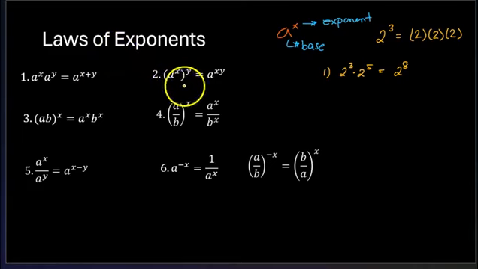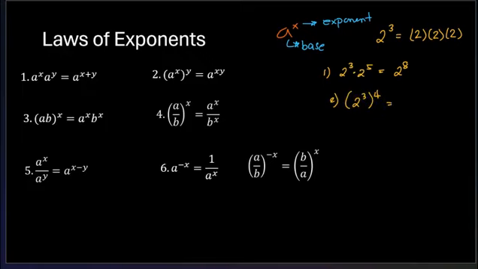Now, number 2 is the one that you interchange with number 1. What is the meaning of number 2? That means you have y copies of this a to the x. Let's illustrate with a smaller value. Let's say I have 2 cubed raised to 4. What is the meaning of this? This is not 3 copies and 4 copies.